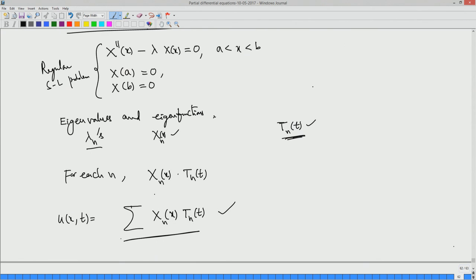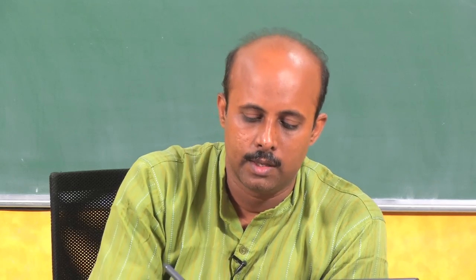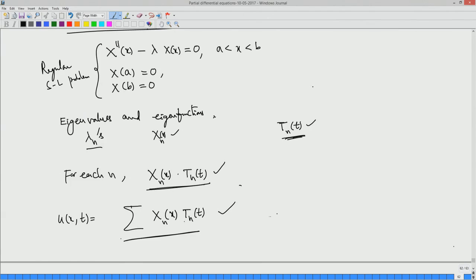You put it into the wave equation and it satisfies it, because each term satisfies the wave equation. The linear superposition of finitely many terms is also a solution because it is a linear equation. You are using the superposition principle here.